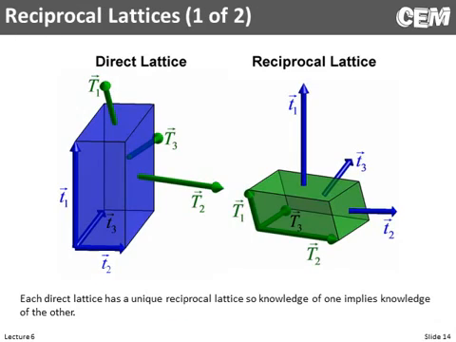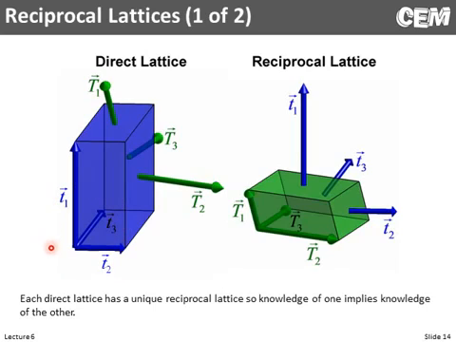Then there's a weird concept called the reciprocal lattice. Let's see if I can get my laser pointer working here. There we go. So what is intuitive and what's programmed into your mind is what we call the direct lattice. This is the thing that you can touch. If you manufacture a unit cell or a lattice and you're touching it, you're touching the direct lattice.